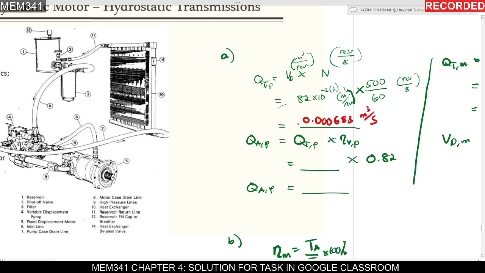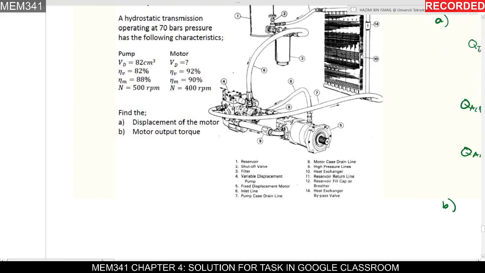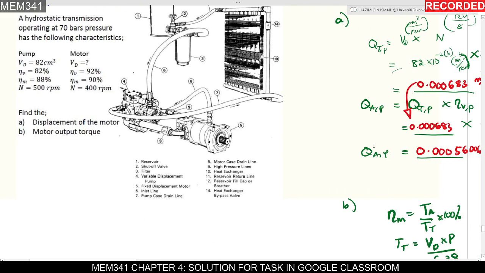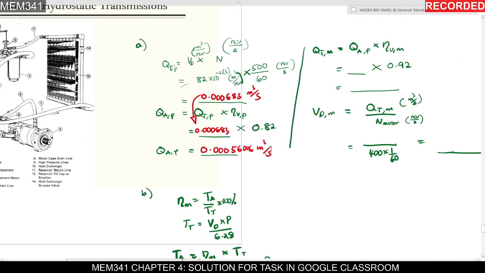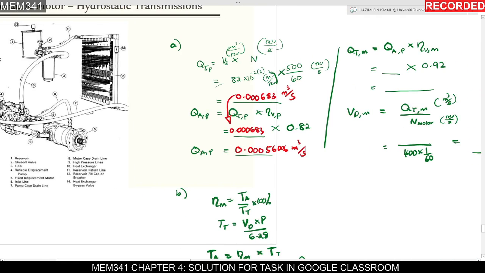So you substitute 0.000683 into here, and then you will get the actual flow rate for the pump, which is 0.00056006 meter cube per second. Okay, this is the value for the pump.